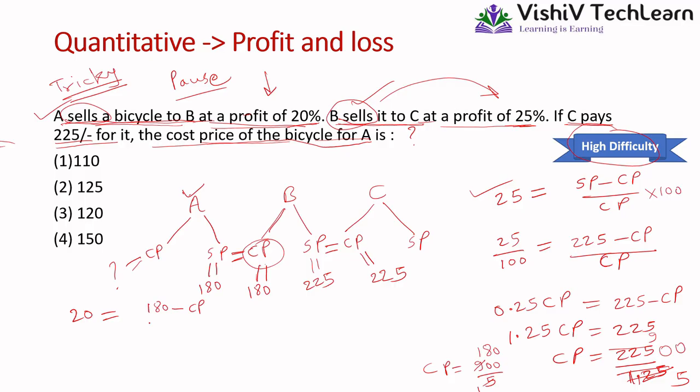CP we have to find out, divided by CP as it is, into 100. So this gives 0.2. We'll make CP on this side, so 0.2 CP equals 180 minus CP. So this gives 1.2 CP equals 180, and CP equals 180 upon 1.2.